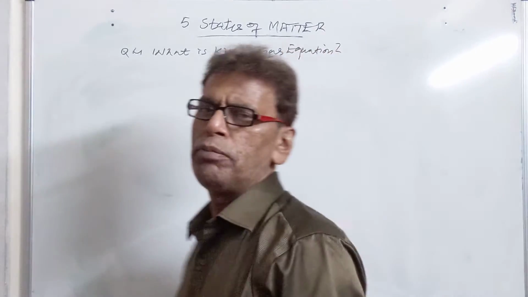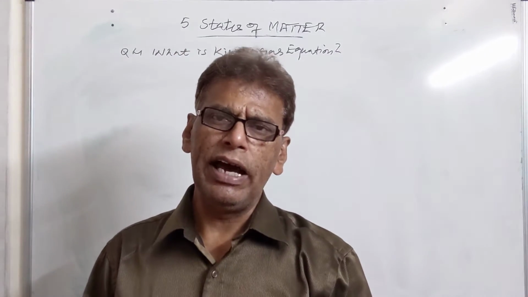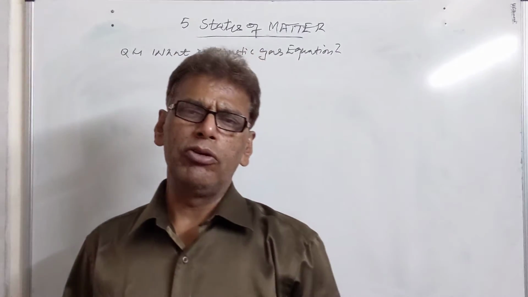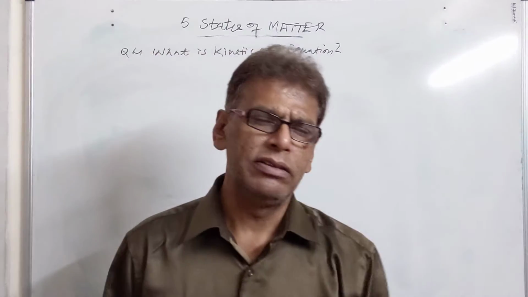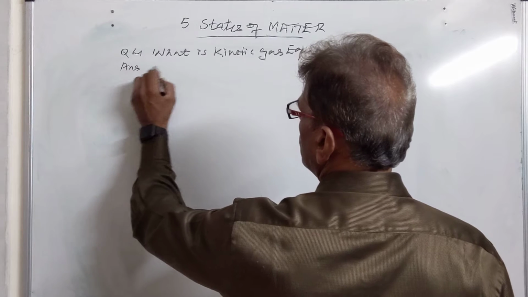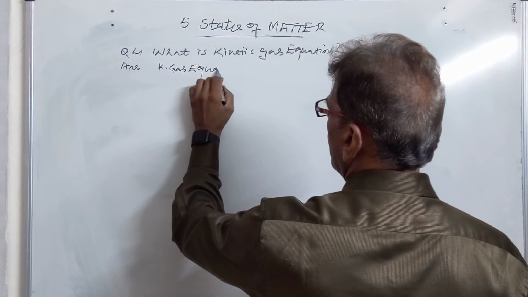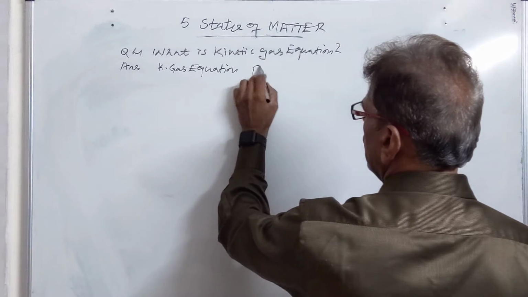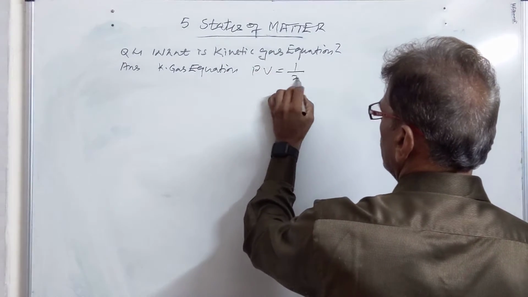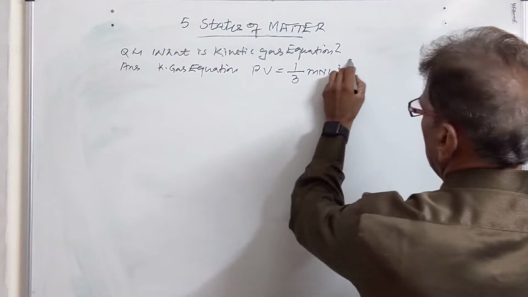Considering the postulates, an equation was derived which is applicable to all gases under different conditions. In this equation, PV is equal to 1/3 mnu square. This is our kinetic gas equation.